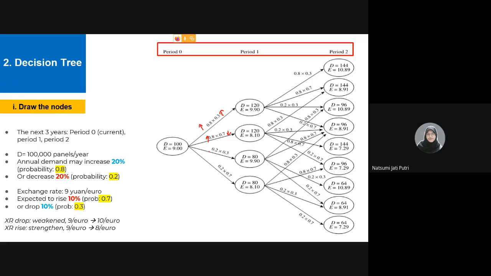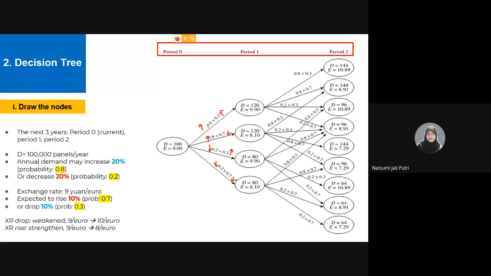And then the annual demand can decrease, and the exchange rate will strengthen, and the demand will decrease, and the exchange rate will weaken. Sorry, will strengthen. Okay, so there are 4 probabilities, and we got 4 nodes here.